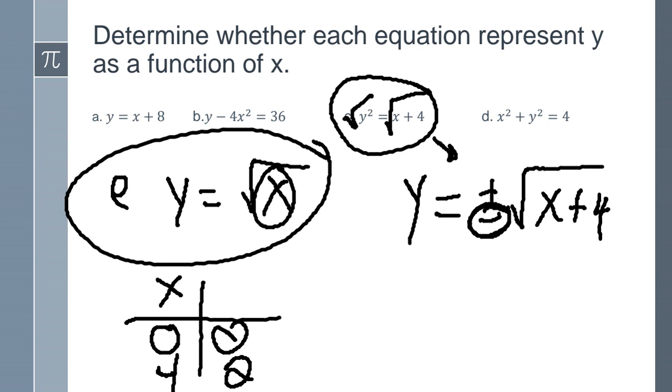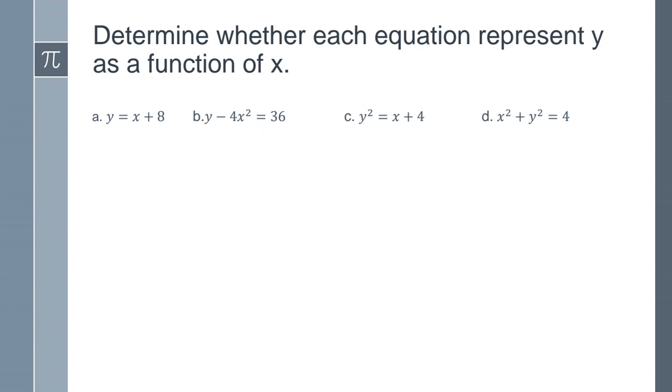Okay, so let's do the last one here. x squared plus y squared is equal to 4.